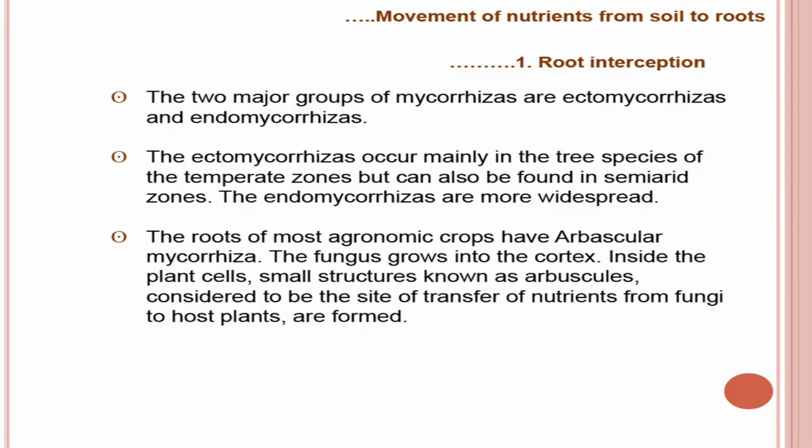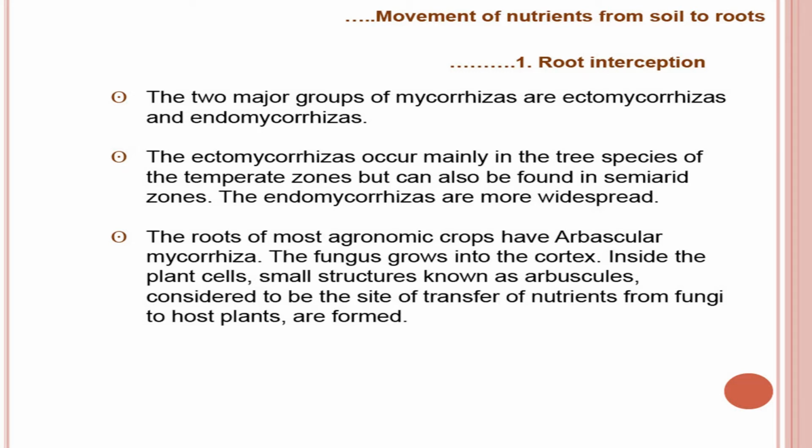The two major groups of mycorrhiza are ectomycorrhizas and endomycorrhizas. The ectomycorrhizas occur mainly in the tree species of the temperate zone, but can also be found in semi-arid zones here and there. The endomycorrhizas are more widespread. The roots of most agronomic crops have arbuscular mycorrhiza, and they are commonly referred to as AM fungi.